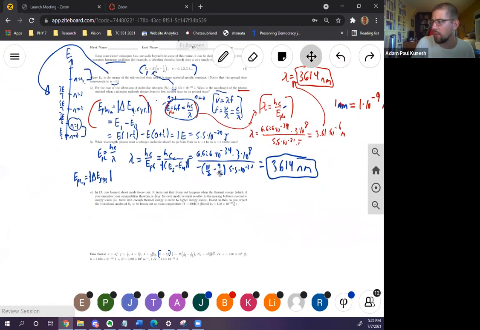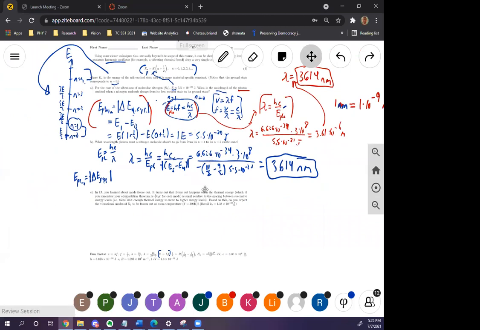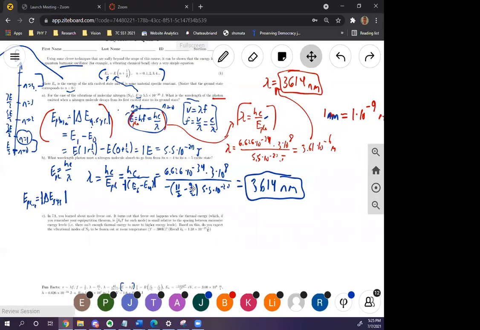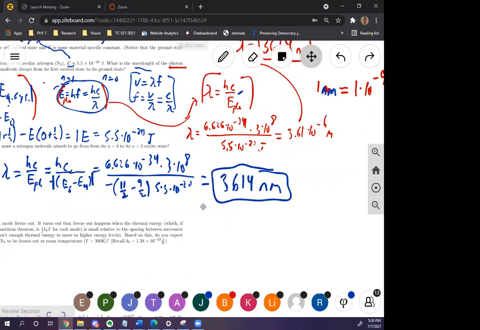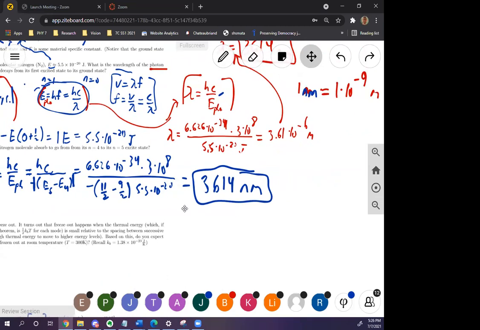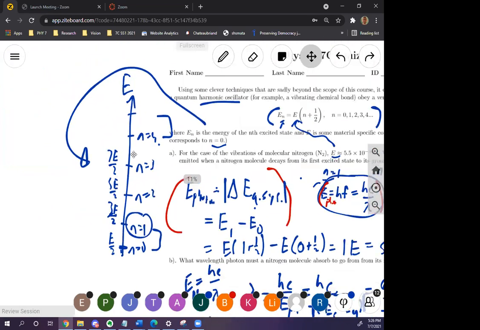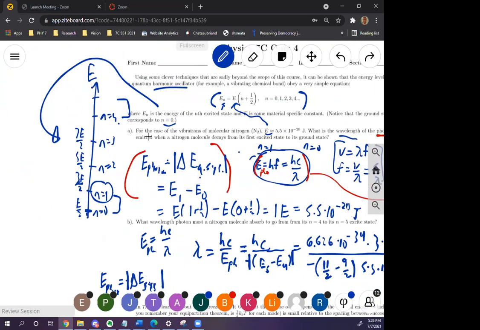Any other quick questions? Otherwise, I'll chunk it down. Go for it. I had a clarifying question. Of course. So for part B, we found out that the wavelength is the same as part A. So just to make sure I'm understanding this correctly, we would know that it's going to be the same wavelength due to each level being evenly spaced out. Right.